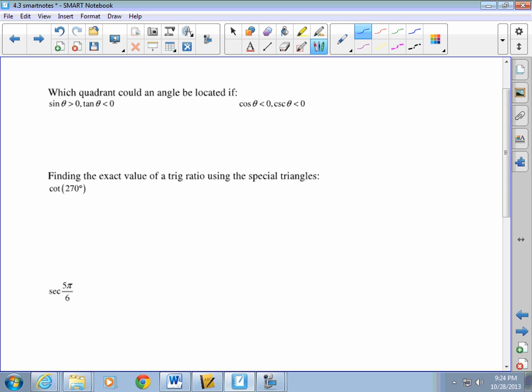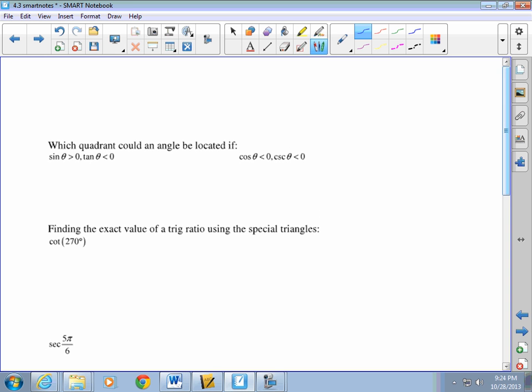And the CAST rule, if you remember from last year, tells us in which quadrant our trig functions and their reciprocals are positive. So the CAST rule looks like this. You have your quadrants. We have C, A, S, T. C stands for cosine, and secant would be positive here. A means all of them, so all 3 trig ratios and the reciprocals.